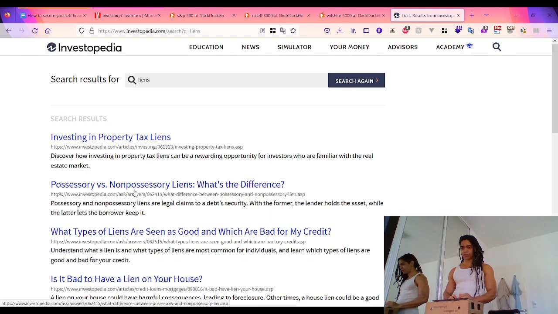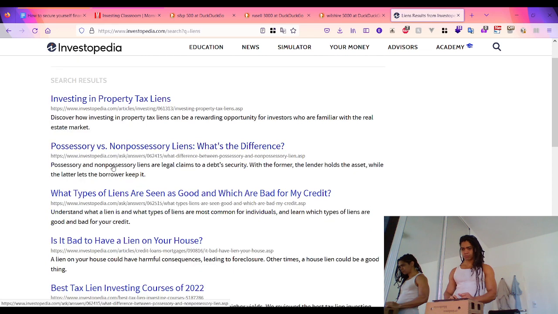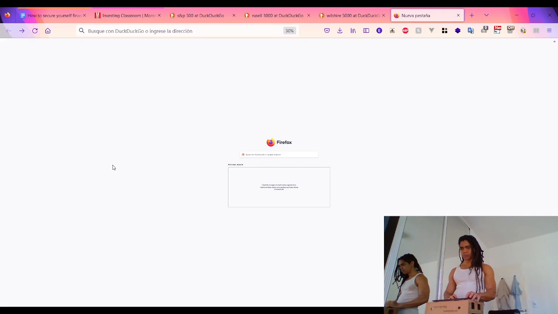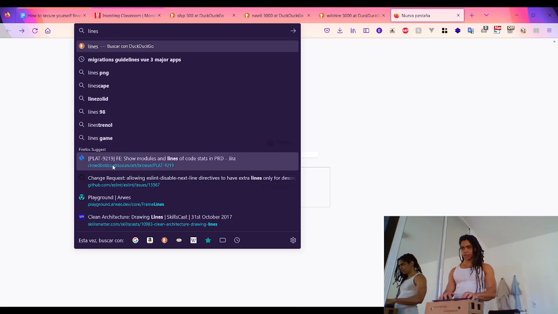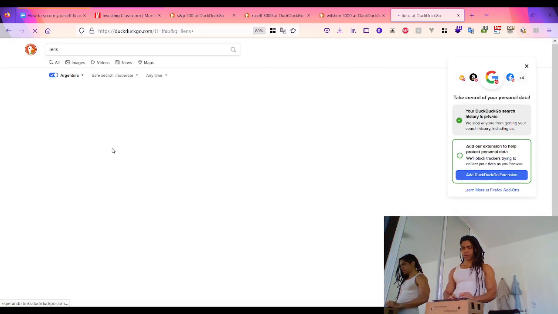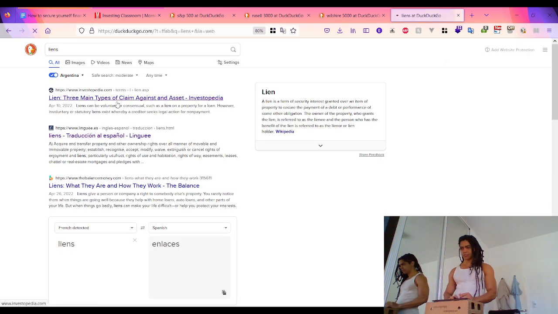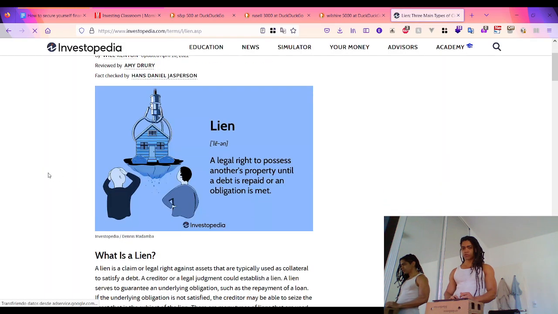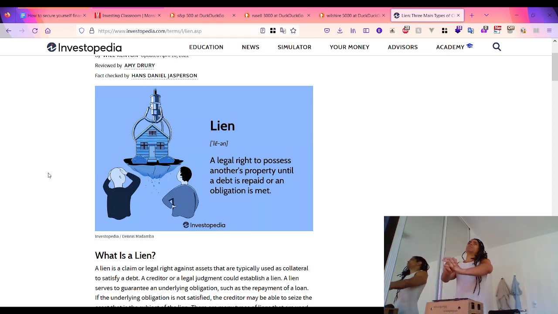Liens, from Wikipedia. It's a legal right to possess someone else's property until a debt is repaid. Oh, sorry, I recently woke up.